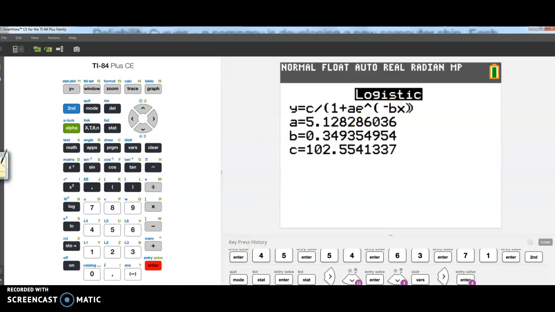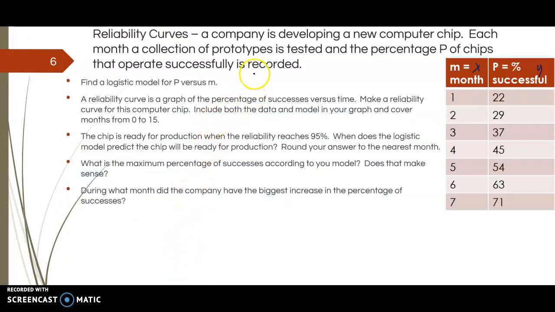So going back to my PowerPoint slide, I find the logistic model for P, the percent of success.